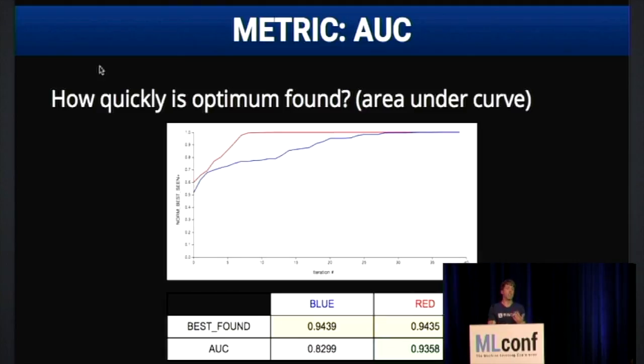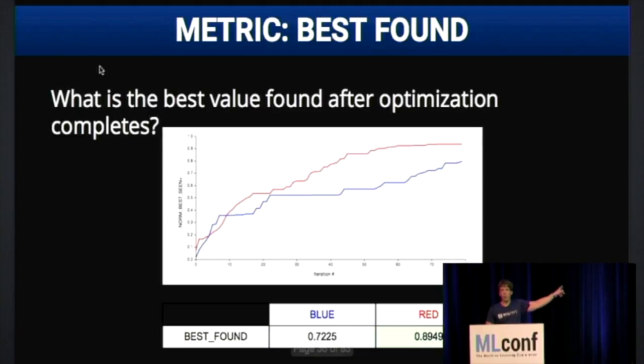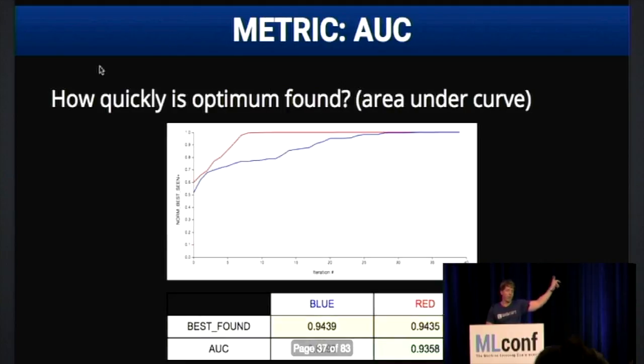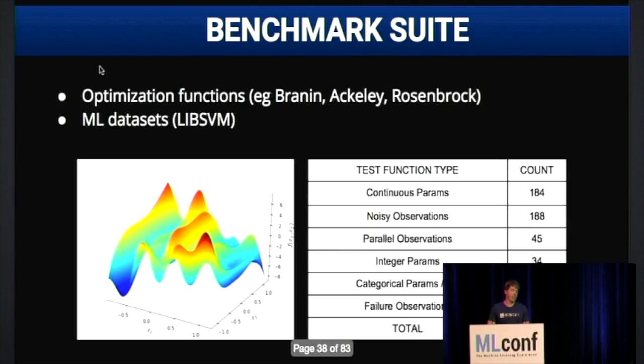So the AUC of this best found value over time is a way to kind of capture that information. So in this case, red beats blue because it got to a better value. In this case, red and blue tied after that fixed number of evaluations, but red got there faster. So now we have some way to kind of differentiate two different strategies.